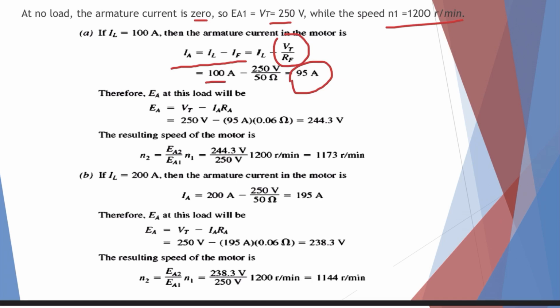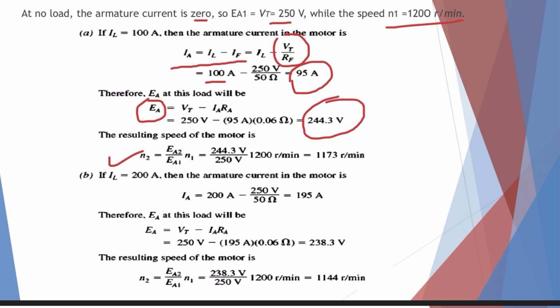Therefore EA at this load will be, EA equal VT minus IA multiply RA: 250 volt minus IA, which we already calculated as 95, multiply RA from the question, 0.06. The answer will be 244.3 volt. Now we can find the speed.